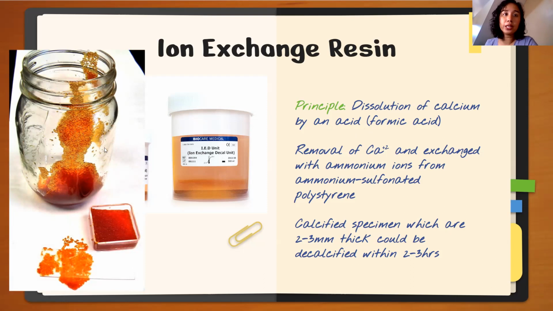Since may ammonium tong resin, magpapalit sila ng calcium. Okay? So, ito, calcified specimen which are 2 to 3 millimeter thick, so nipis lang, could be decalcified within 2 to 3 hours in ion exchange resin.